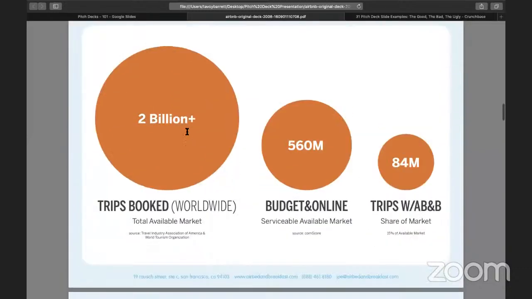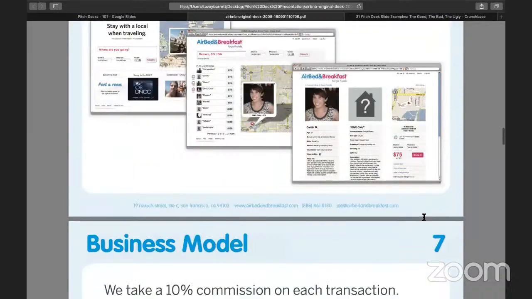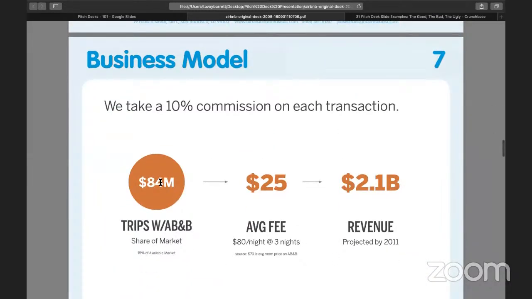Going back to the market size slide, it shows that they have 84 million of the market share. So that 84 million is broken down into a $25 per night fee with a minimum of 3 nights.